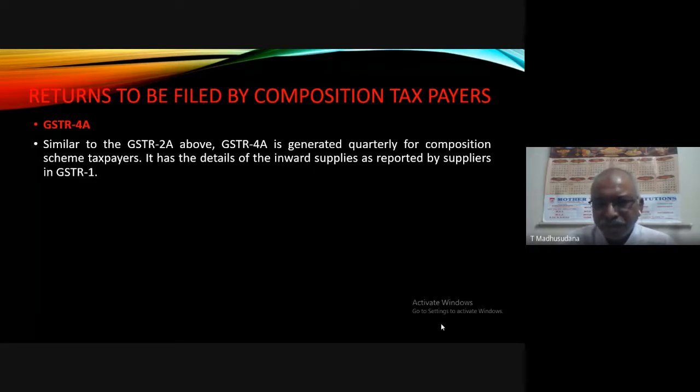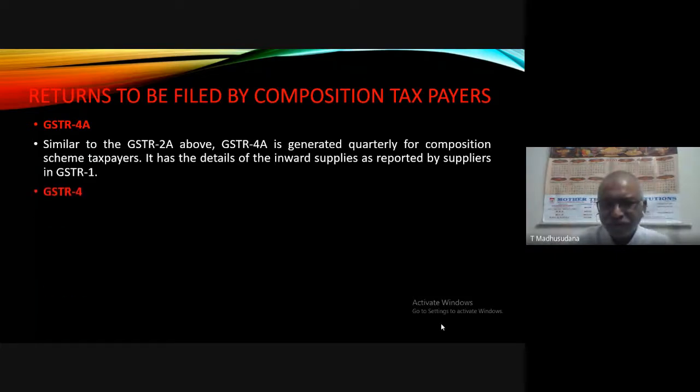It has the details of the inward supplies as reported by the suppliers in GSTR 1. That means all the purchases made by the composition taxpayers.